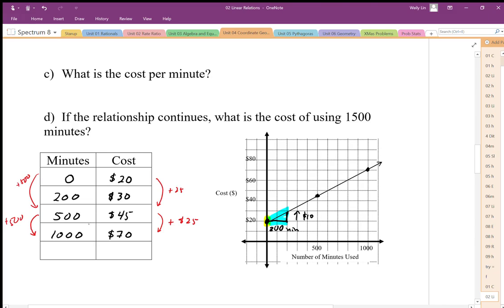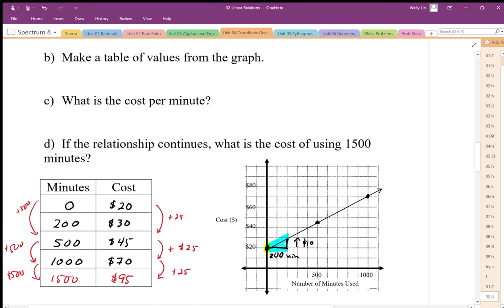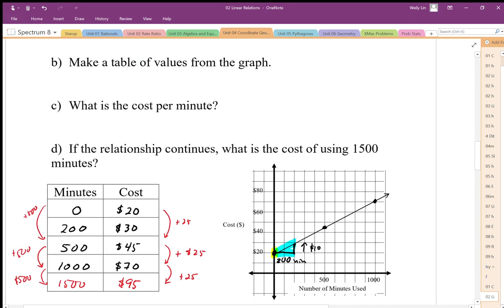It's going to show up on the outside of the table. So if I do another 500 here, to 1,500 minutes, I'm not going to go up $45, but proportionally it's going to go up $25. So I'm now at $95. If this goes up to 1,500 minutes, I'm now paying $95.